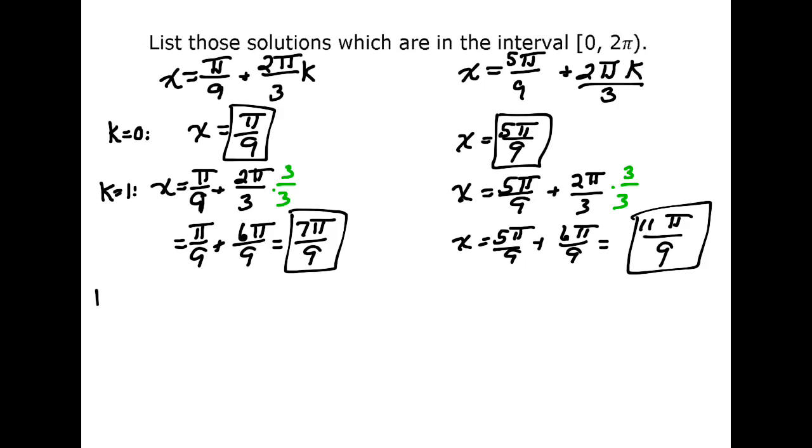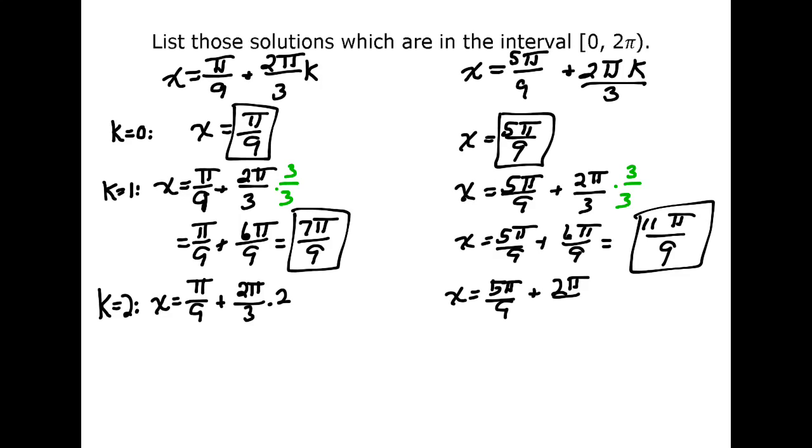Okay, so now let's let k equal 2. So we would have x is pi/9 plus 2 pi/3 times 2, or 5pi/9 plus 2 pi/3 times 2. So that would be pi/9 plus 4 pi over 3, and 5 pi over 9 plus 4 pi over 3.